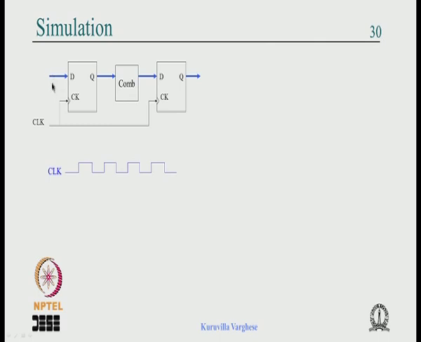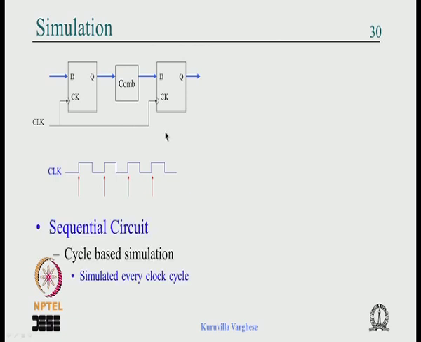Here the input is changing say every 1 nanosecond, but we know that this flip flop is going to be latched every 10 nanosecond. So there is no point in the simulator computing every 1 nanosecond. In principle, for a sequential circuit you can compute on the active clock edge and get the value, and that is called cycle based simulation. Every clock cycle, at the active clock edge, you can do the computation.